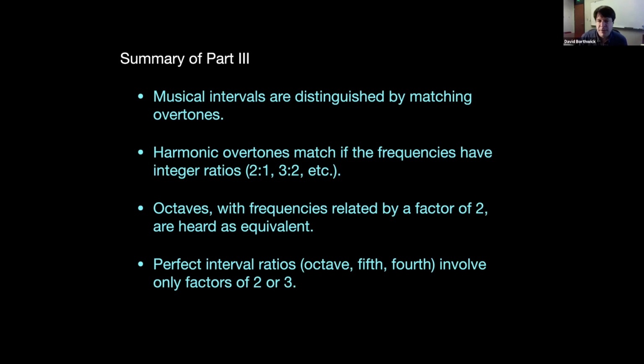So octaves are heard as equivalent and they're cases where the frequency is related by a factor of 2, and that factor of 2 causes the overtones to line up quite well. And perfect interval ratios involve factors of 2 and 3. So this is getting back to that first comment that the scale has 12 notes because that's the first power of 3 that's nearly a power of 2. So the reason those powers of 2 and 3 occur is because those are the ratios that give perfect intervals and octaves.